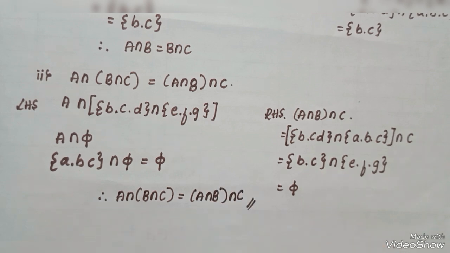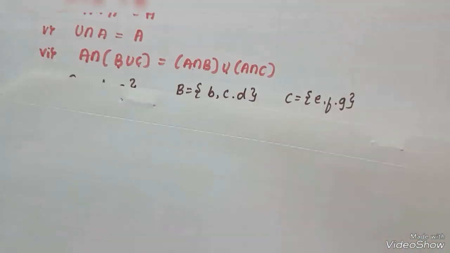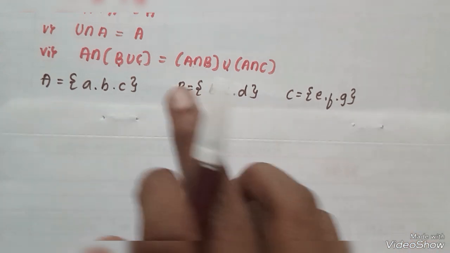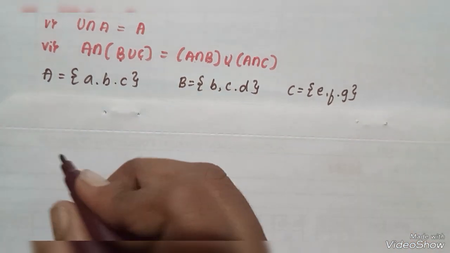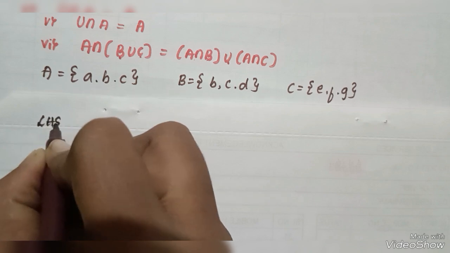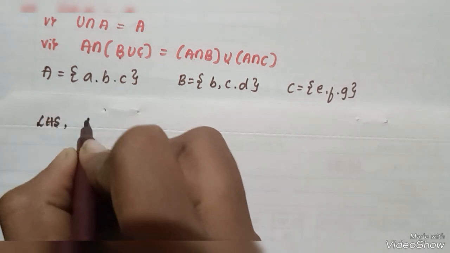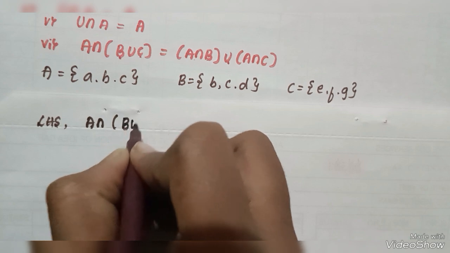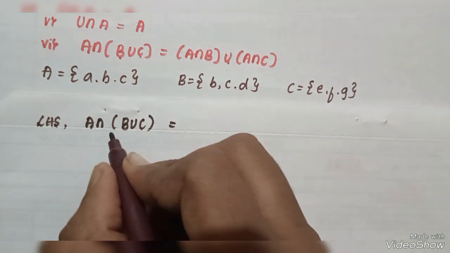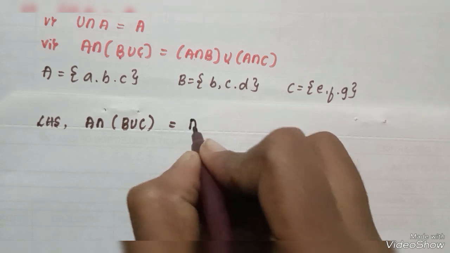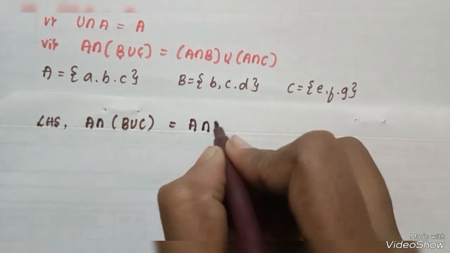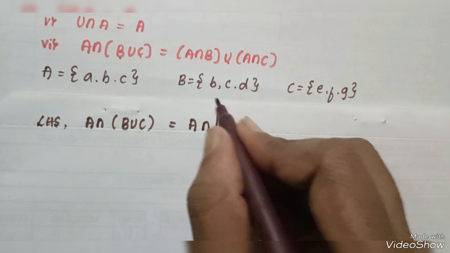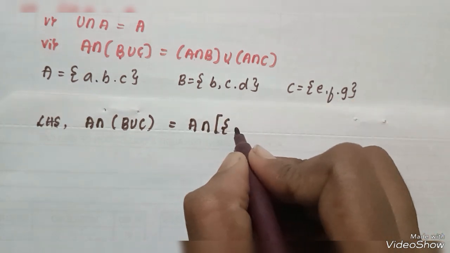This is the proof. Now there is one important property here, that is the sixth property. Now we have to check the property. Here I am considering the left hand side part, that is A intersection (B union C). First I solve the bracket, that's why I am taking set A as common, then the bracket B union C. What are the elements of set B?